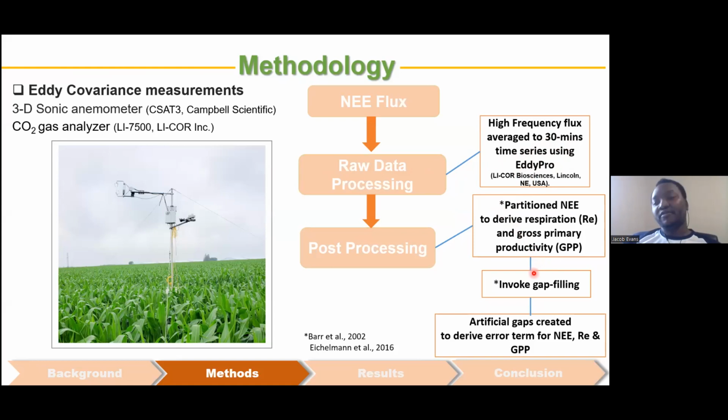I then applied a gap filling algorithm to obtain complete annual data sets. I also created 50 artificial gap scenarios to derive error terms for NEE, respiration, and GPP, which I used to compare between treatments.